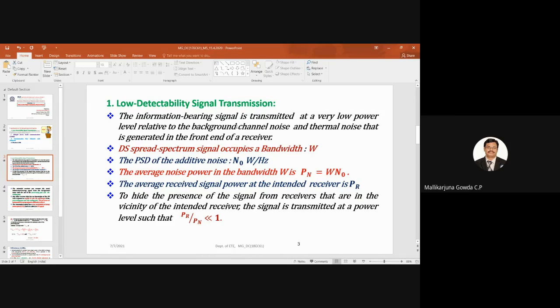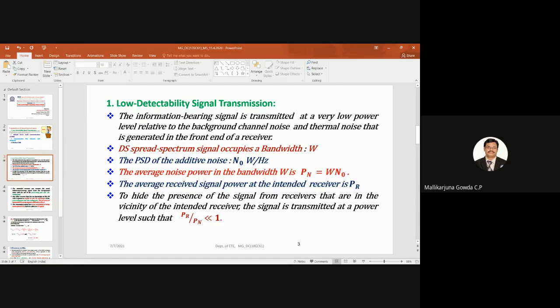So that is about low detectability signal transmission. I started by saying that the message signal will be transmitted at very low power compared to the background channel noise and the thermal noise generated at the front end of the receiver. Then I said what the bandwidth occupied by the spread spectrum signal is, and what the power spectral density of the additive noise is. Then the average noise power in the bandwidth W is W into N naught.